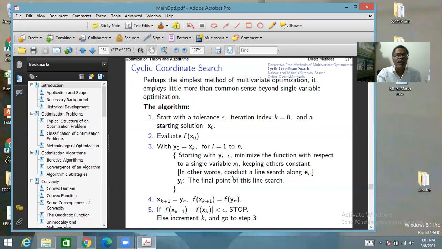For that matter, for derivative-free methods, local convergence results are actually lacking. Okay, very scant. So this was something very simple and not very efficient. Now we will see others.